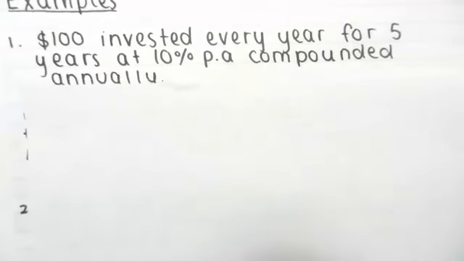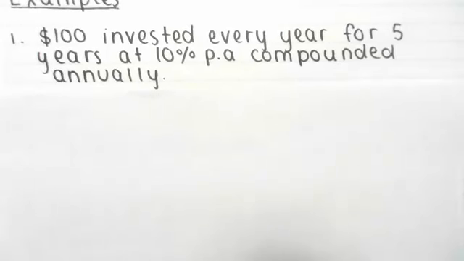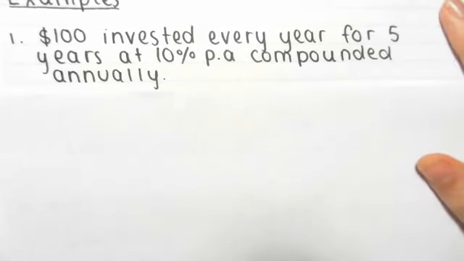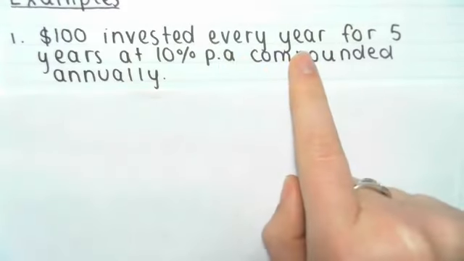So now we're just going to take a look at some examples of certain things that you could get. So your first example is if you've got $100 invested every year for 5 years at 10% per annum compounded annually. So here we've got cash flows occurring at the end of each year.